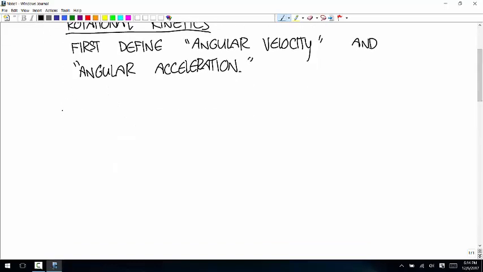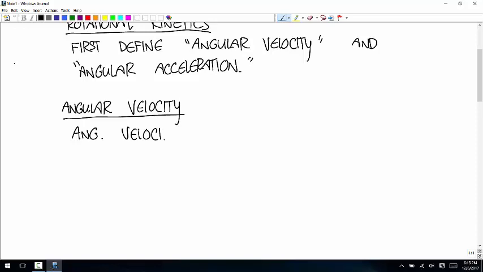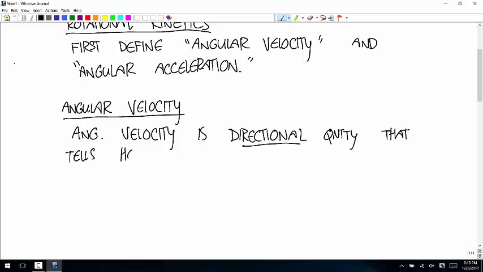Okay, so first, angular velocity. Angular velocity is a directional quantity that tells how quickly an object's orientation is changing.